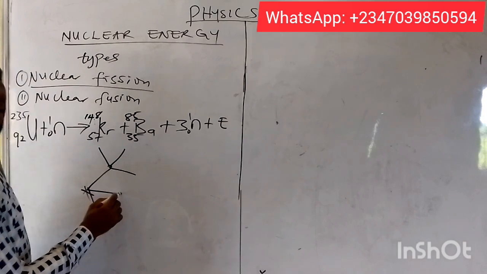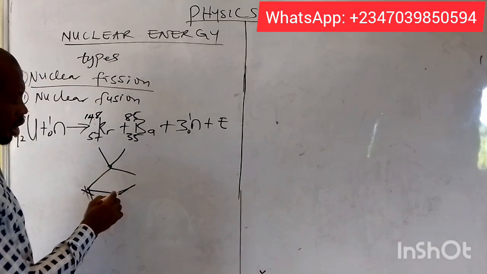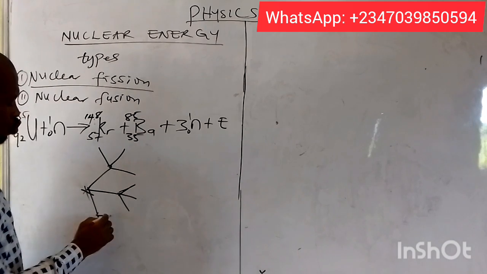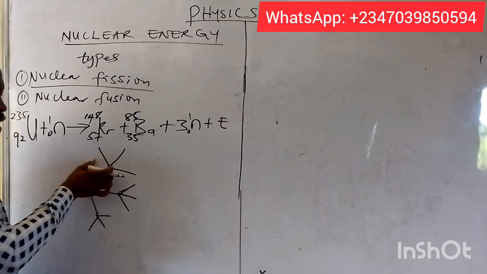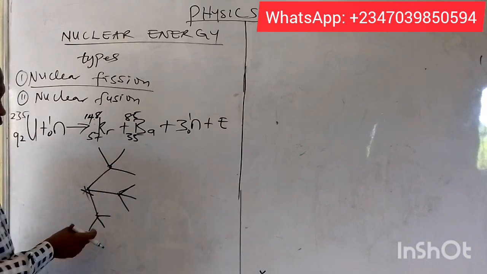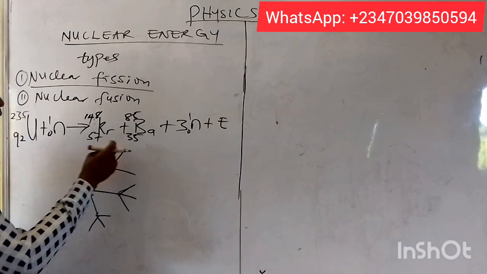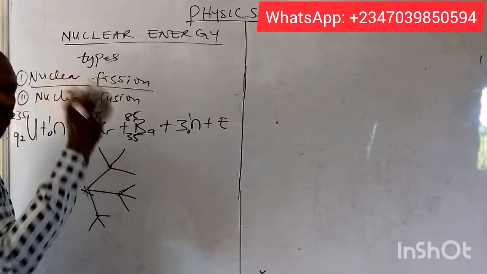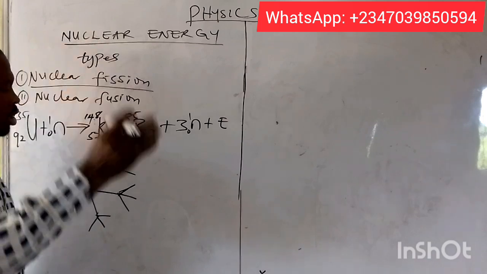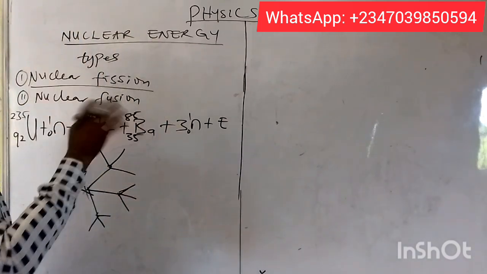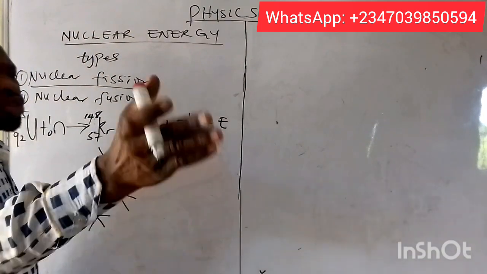If this one hits another element, 3 more neutrons will be produced. So in other words, that is just the second fission process. We have 1, 2, 3, 4, 5, 6, 7, 8, 9. Now, assuming these others continue to hit other elements, causing them to split, in other words, it can lead to a chain reaction.